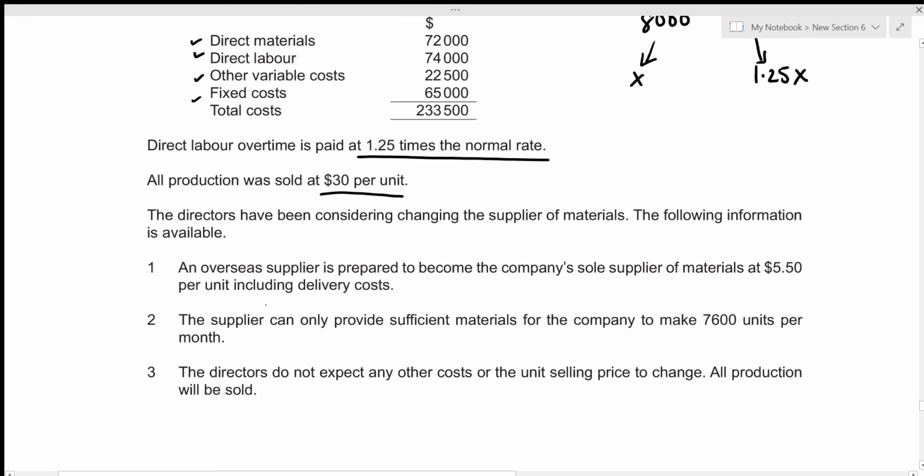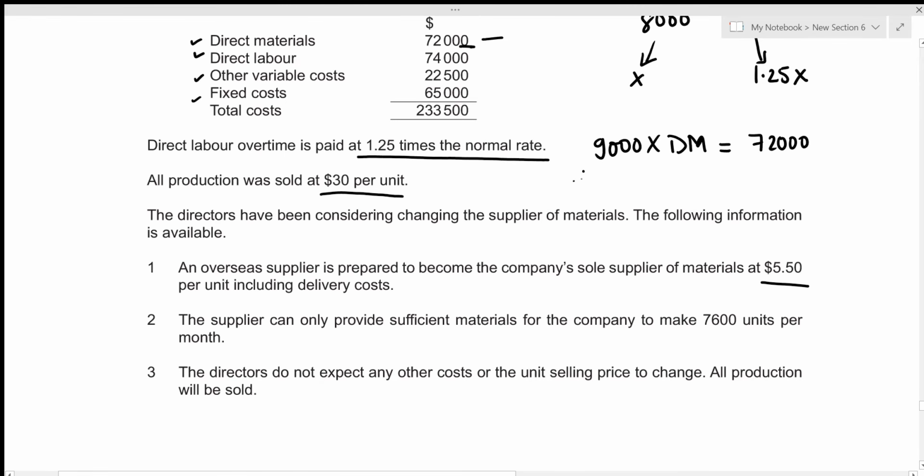Now, the directors have been considering changing the supplier of materials. The following information is available. An overseas supplier is prepared to become the company's sole supplier of materials at 5.50 per unit. So previously, let's figure out the direct materials rate in the previous scenario. We're producing 9,000 units. That's going to be 9,000 into direct materials per unit, which gives the total to be 72,000, which is given right here.